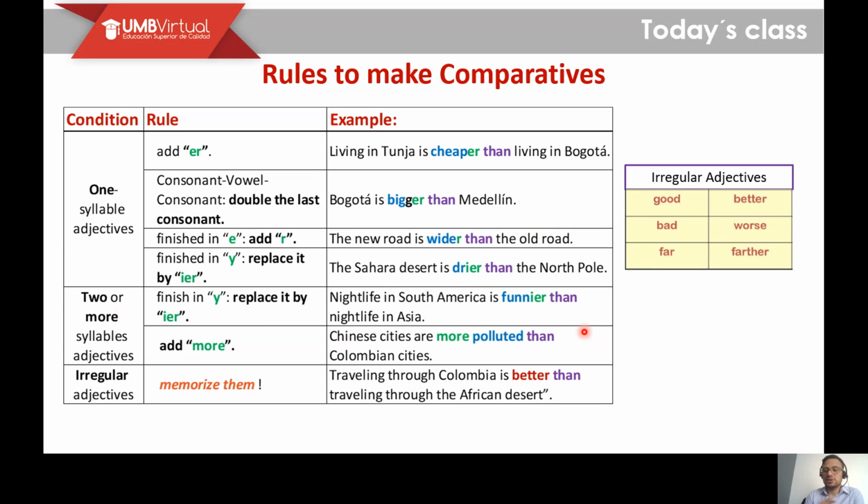Y a polluted lo dejamos igualito, no le modificamos nada. Los irregulares, pues tenemos varios, pero los más reconocidos: good, better, bad, worse, far, farther. La regla es memorize them.